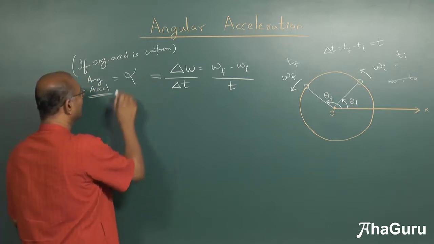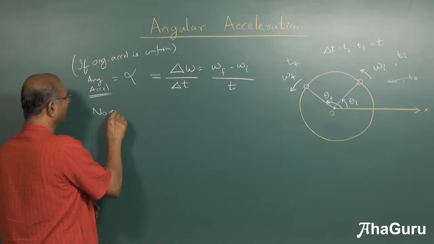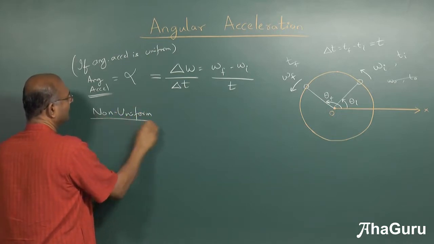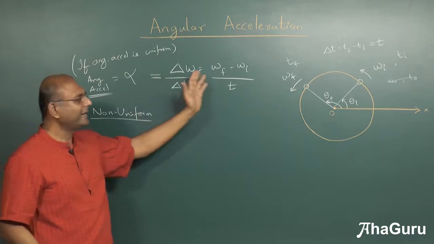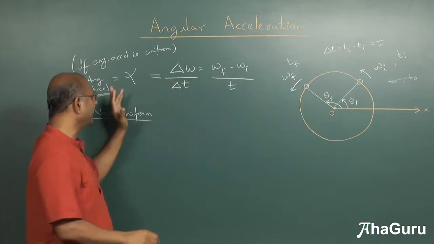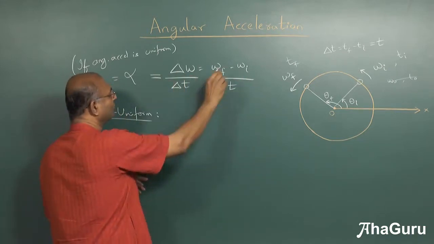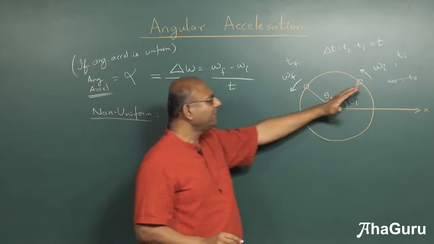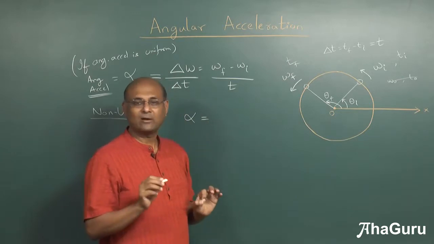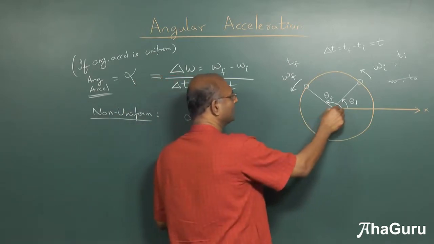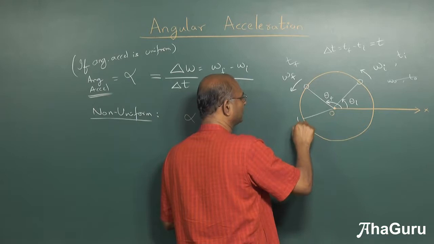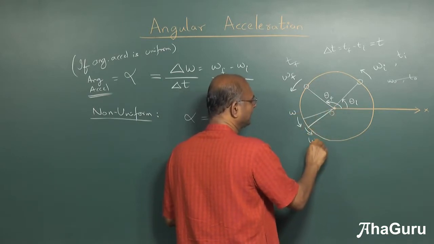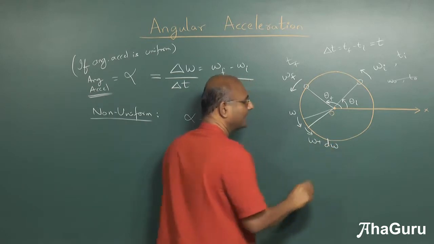What happens if it was non-uniform? It's a very simple definition. It's just simply the rate of change of angular velocity. But if it was non-uniform, I cannot use this. Then we write alpha as a very small change in the angular velocity for a very small amount of time. So let us assume that at this point the velocity was omega, and after a little bit of time the velocity had changed by a small quantity d omega.